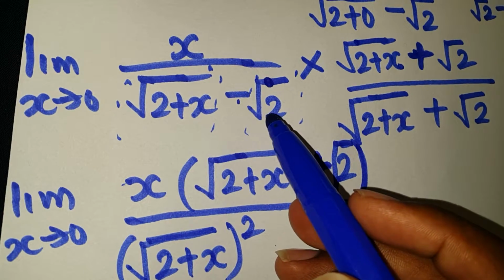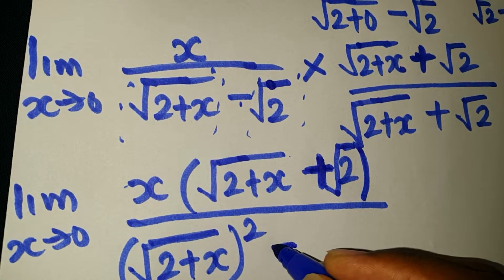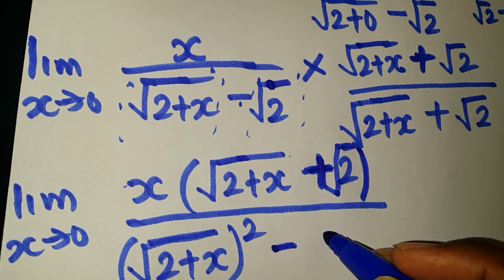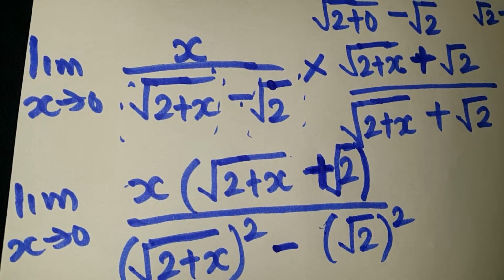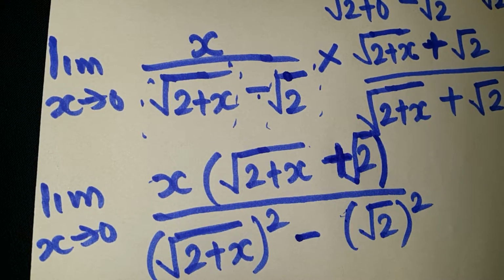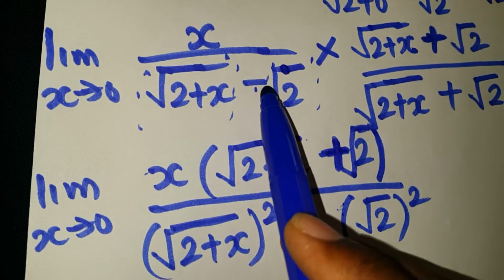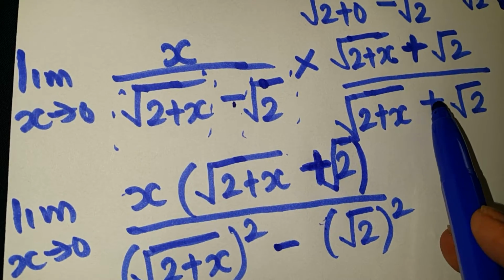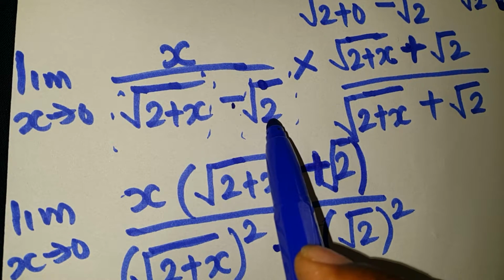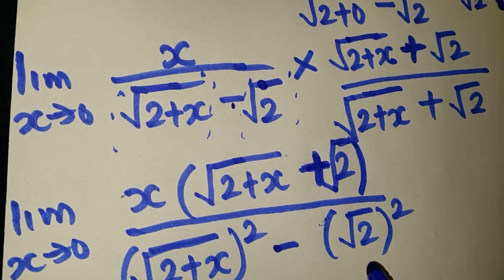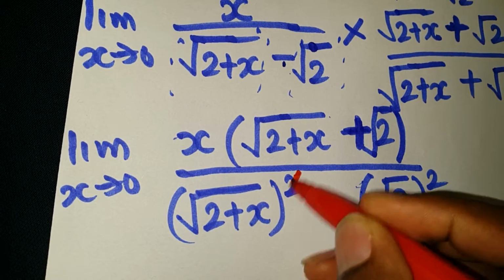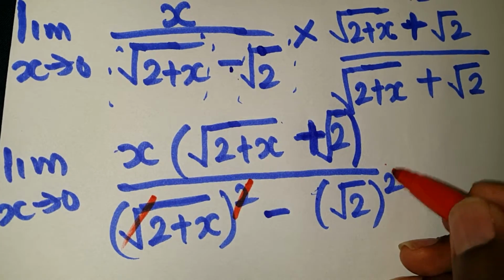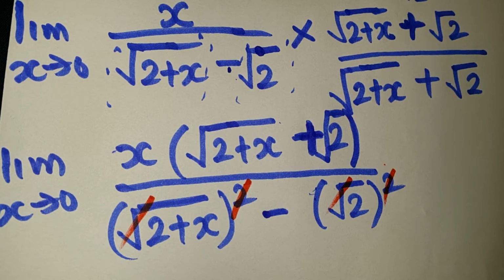Then this multiplied by this will give us negative root 2 squared. As you can see, this negative multiplied by positive is negative. Then root 2 multiplied by root 2 will give us root 2 squared. Then again, this will cancel with this, and the square root will cancel with the square.